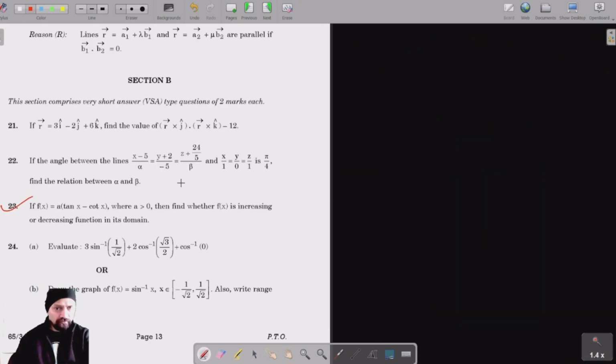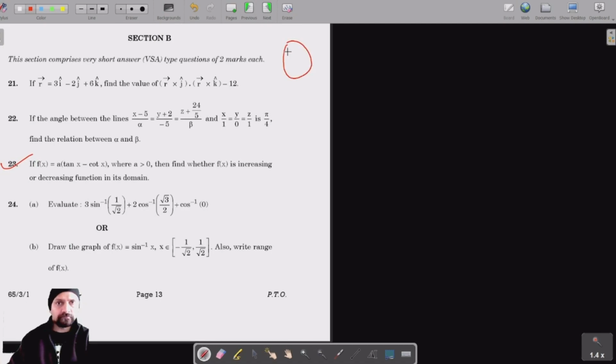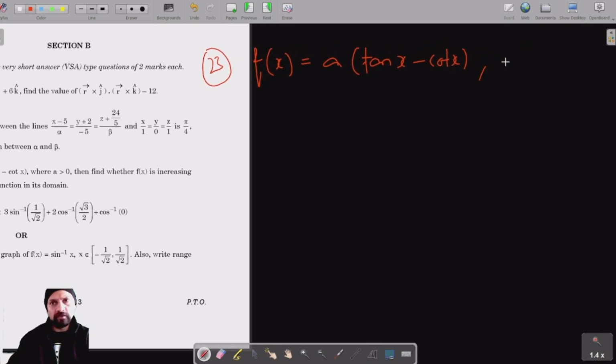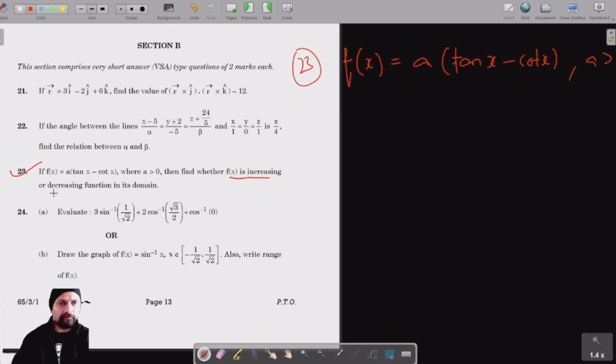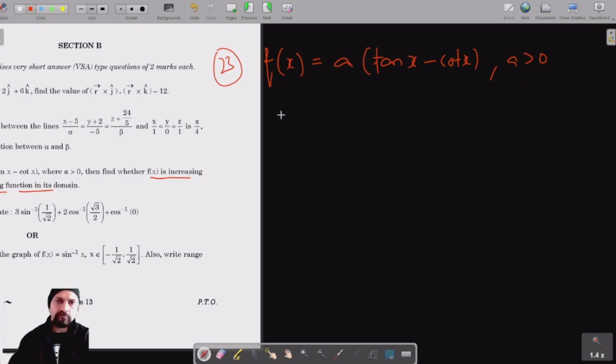For question number 23, it's given that our function is f of x equals a into tan x minus cot x, where a is greater than 0, and we have to show that f of x is increasing. We have to find whether it's increasing or decreasing in its domain.